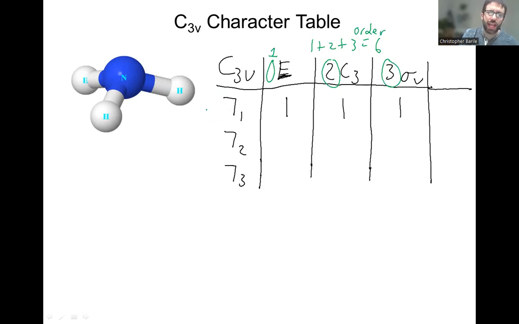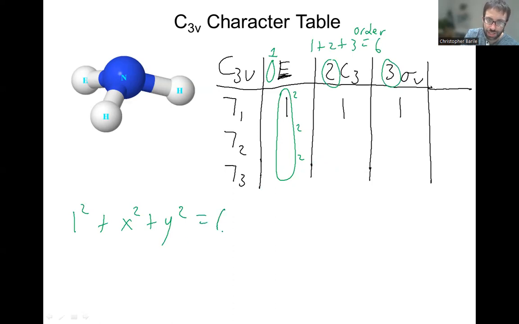It's called the order. And the sum of the squares of what we call the dimensionality, which are these characters, has to equal the order. And so we're going to end up with something like, well, our first one is 1, because we had 1s across the board, plus I'll just write x, we don't know what it is, x squared plus y squared for this last one is going to be equal to 6.